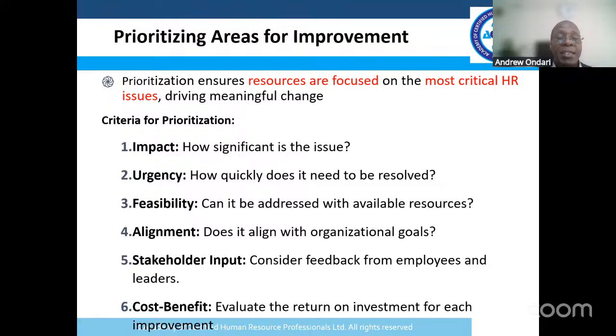Number two is urgency. The question you will ask yourself: what will happen if a gap is not resolved or an opportunity is not taken advantage of? So if it's an opportunity that we want to take advantage of before the competitors take it, it becomes urgent, as in it should be done right now. There's no waiting time.